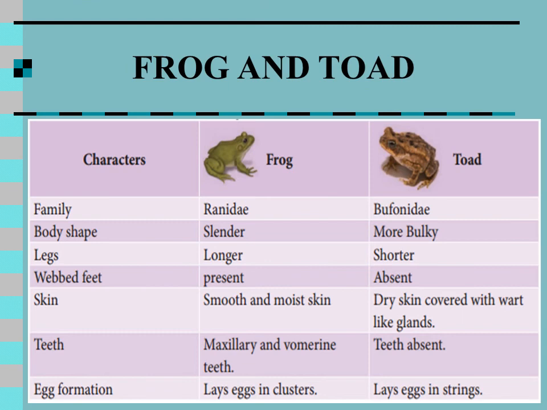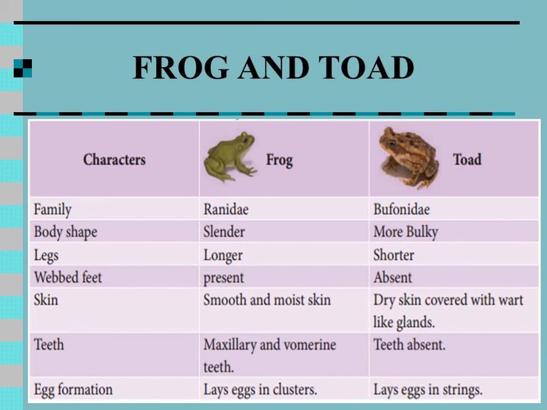Then the teeth: maxillary as well as vomerine teeth are present. The maxillary region, the upper jaw region, is the maxilla, so teeth are present in the maxillary region as well as vomerine teeth in the frog. But in the toad, teeth are absent.